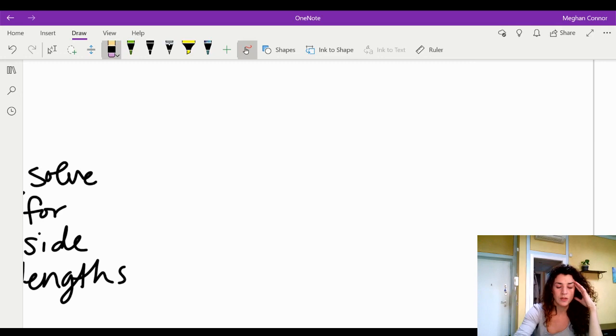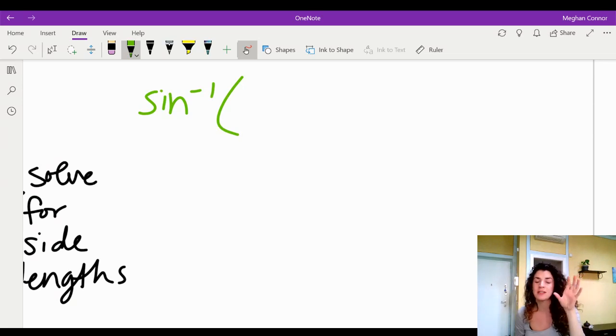We'll do sine first. Your inverse trig relationships look something like this, where they have a -1 to the power there. They are not like 1 over sine. That is not what it means here, which is very confusing because typically when we see a -1 in the exponent, that normally means that we are reciprocaling it, or flipping the fraction, and that is not this case. In this case, to the -1 power means that it's the inverse, which is different than reciprocal.